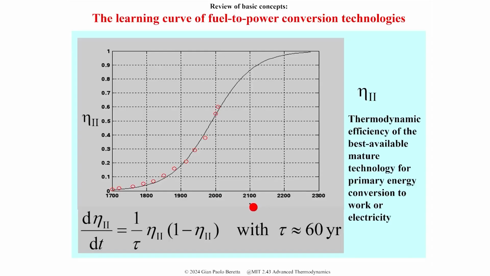And for each one of these technologies or energy products, we can also study where we are in the learning curve. And as we've seen, this is the learning curve for power production. If we did the learning curve for heat, we would be just about here, between 10 and 20%.